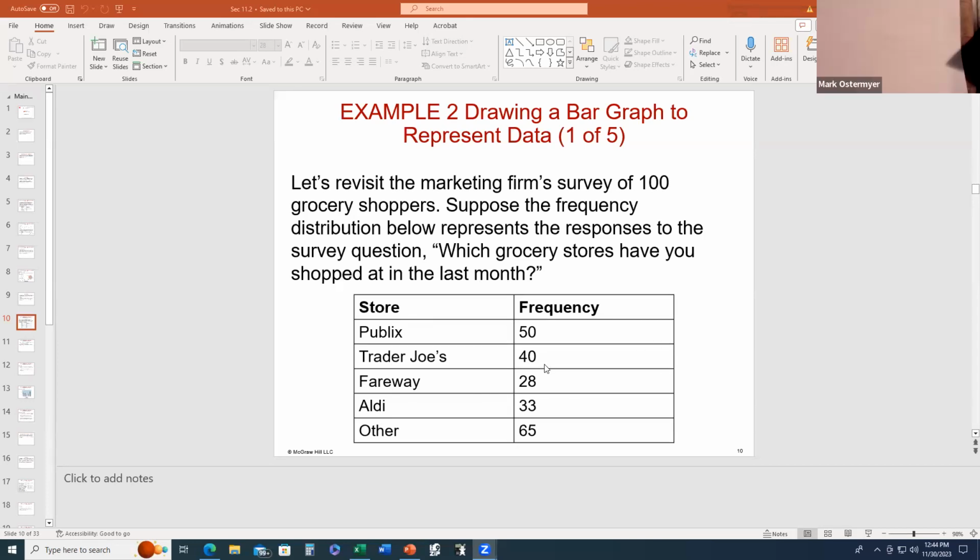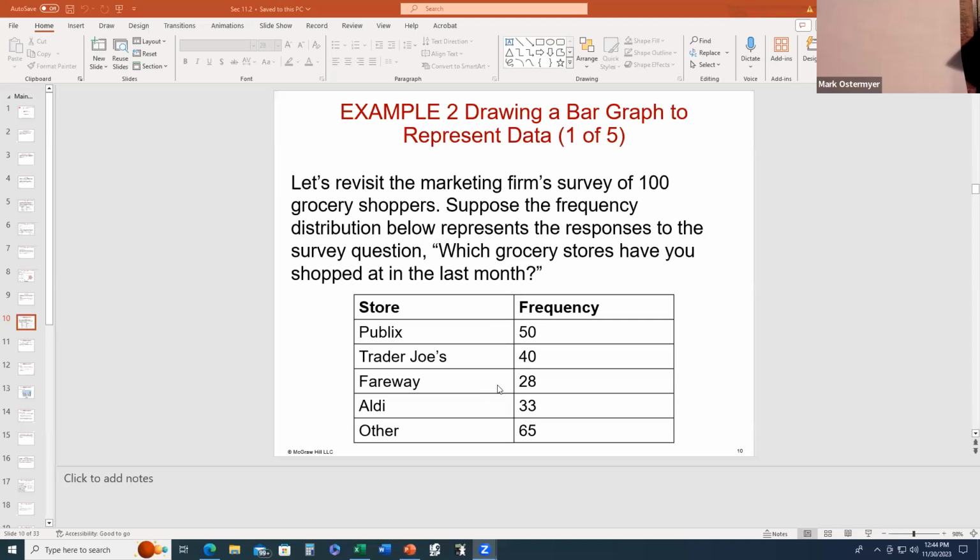Because your frequencies sum up to something larger than the data set size, which was 100. And so the sectors of your circle are going to be very large, and the degree measures are not going to add up to 360 degrees. They're going to add up to something much larger than 360 degrees, in which case you're not going to be able to make a circle graph of this data set.